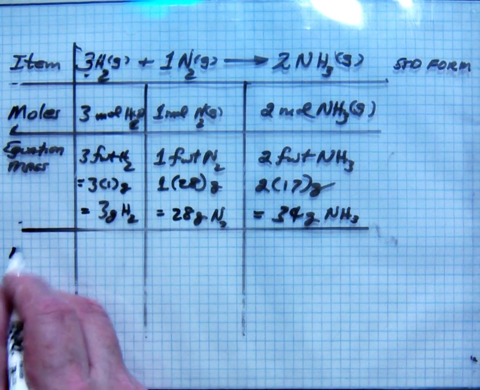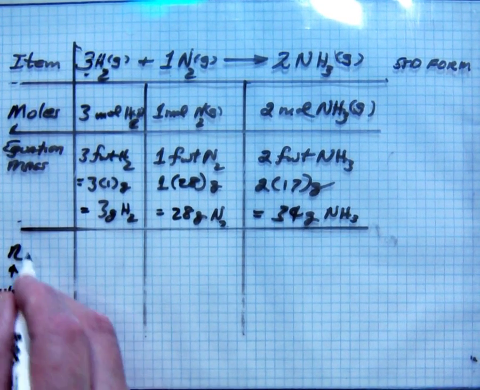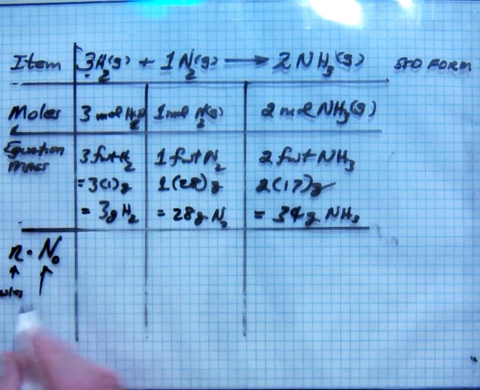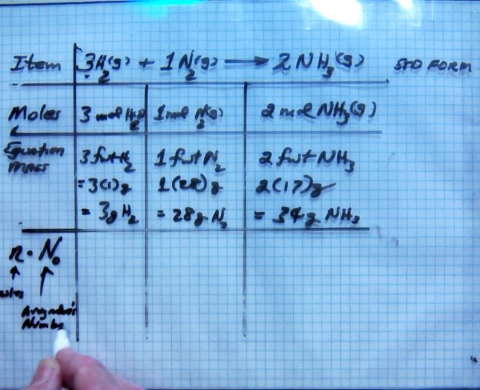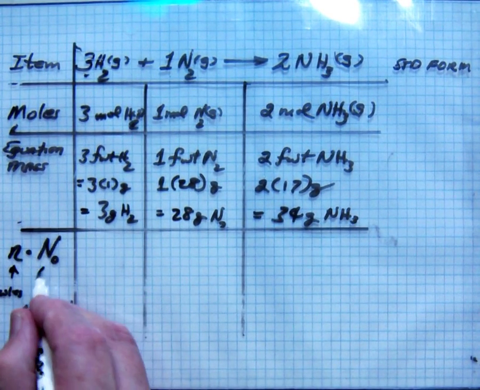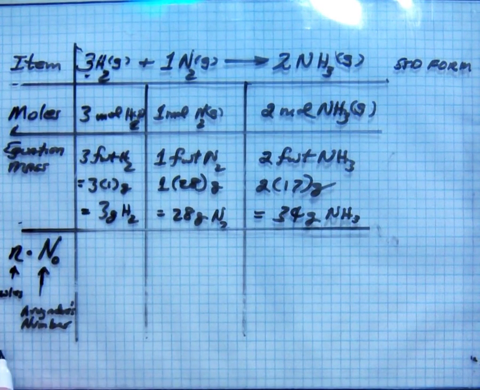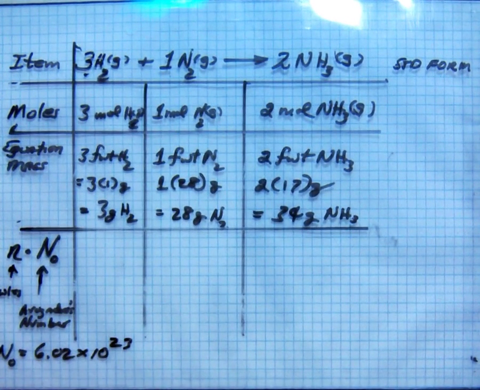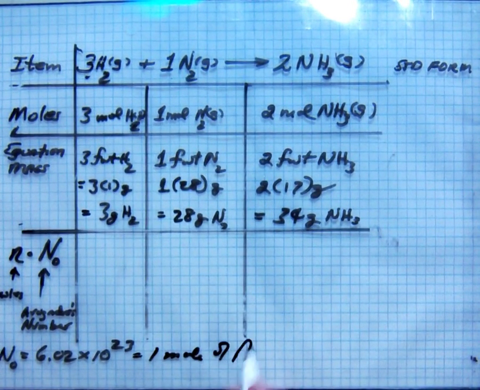Well, this is the mole number, little n moles, times Avogadro's number, capital N. Avogadro's number, as you know, is 6.02 times 10 to the 23rd, representing the quantity of 1 mole of particles.